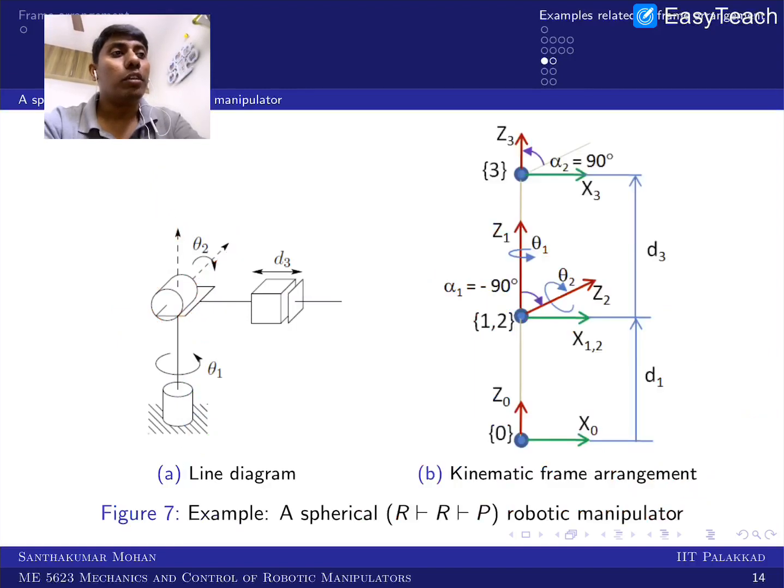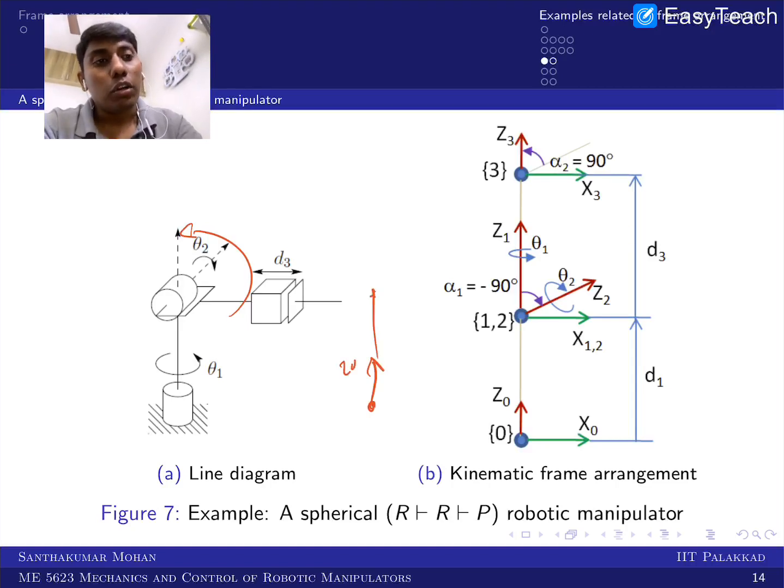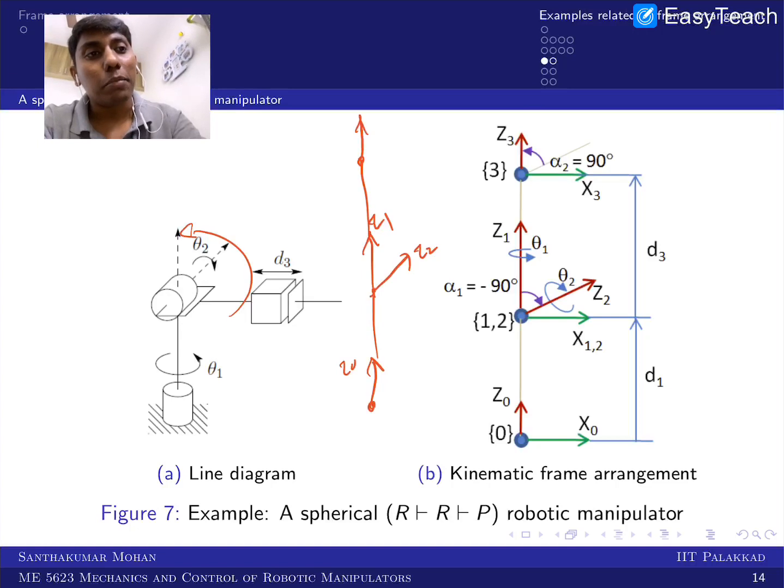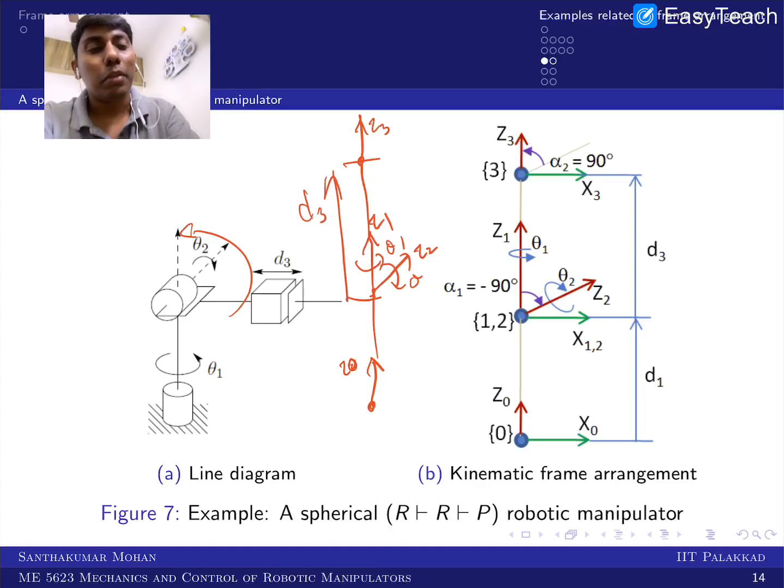Okay, in order to give much more clarity, we have taken it like this, which is easy for us to understand. What I'm doing is vertically taking it up. So this is my Z0, and this is my Z1, and this is Z2, and I know this is a rotatable axis. I'm rotating that, and I'm keeping Z3. So Z0, Z1, Z3 are parallel, and this is my theta 2, and this is my theta 1, and this is my d3 as the variable.